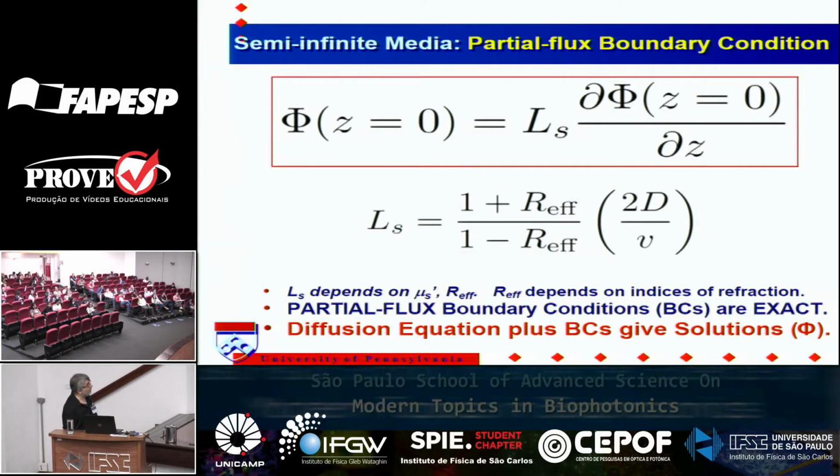And the proportionality constant is a length that depends on the scattering factor that's in the D, and it depends on this Fresnel coefficient. So this partial flux boundary condition, to the extent that we can think about this problem as exact, is exact. And so this diffusion equation plus a boundary condition can give you any solution.